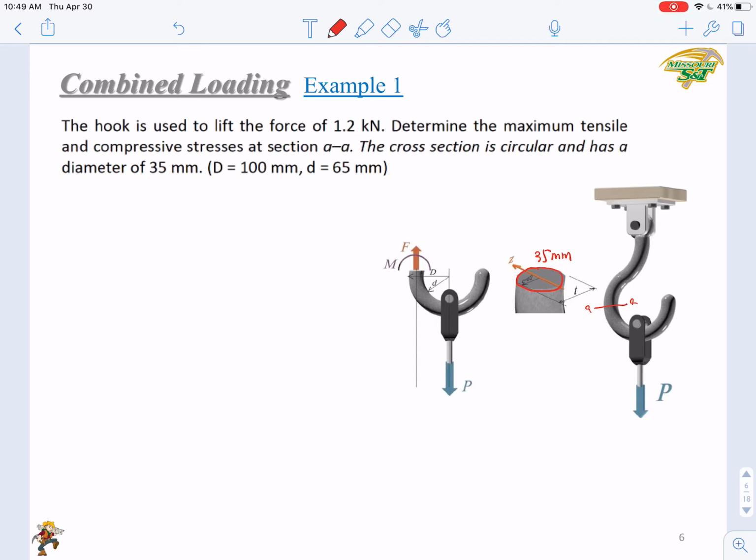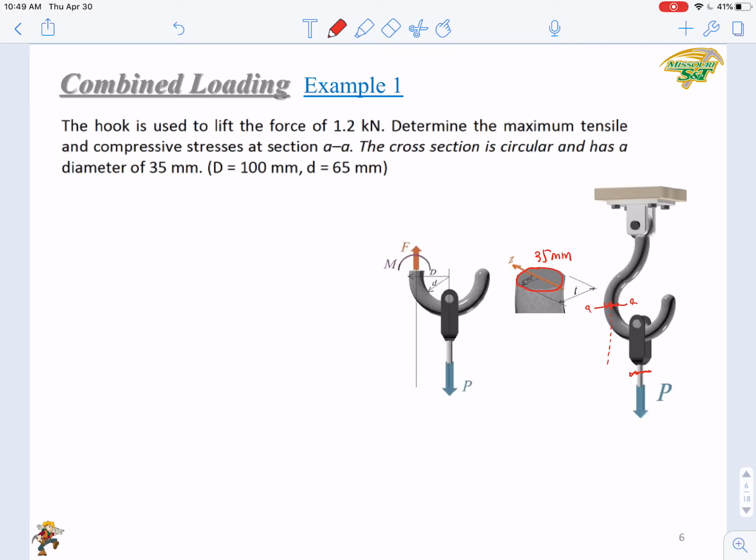As we mentioned, it's not as simple as an axial loading P, since we're not analyzing the stress here, right? If we're not analyzing the stress at this point, this cross section, it will be simple. But we're analyzing this cross section AA. So assume that we have a local centroid here.